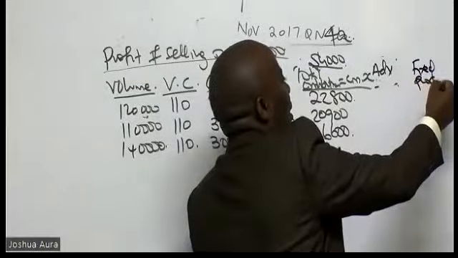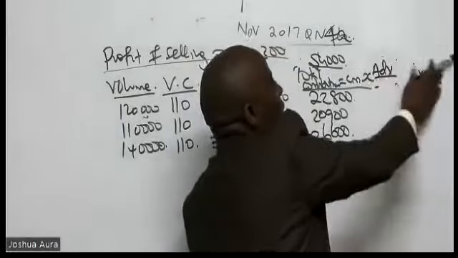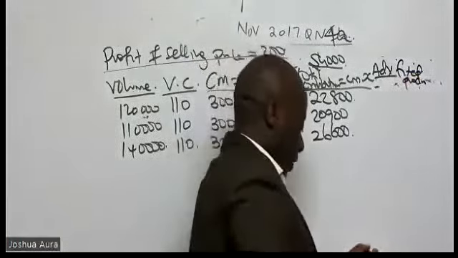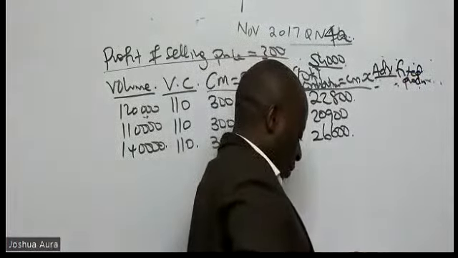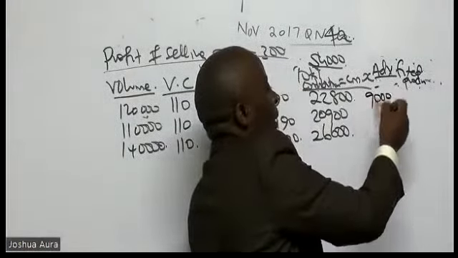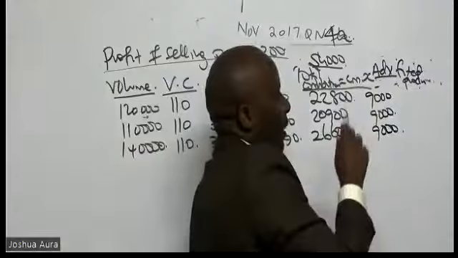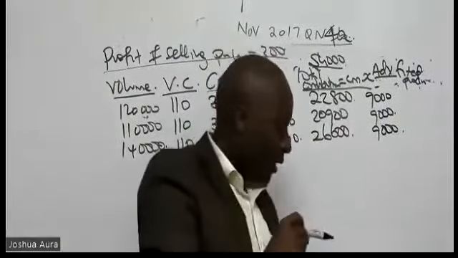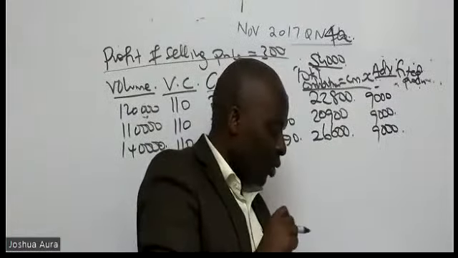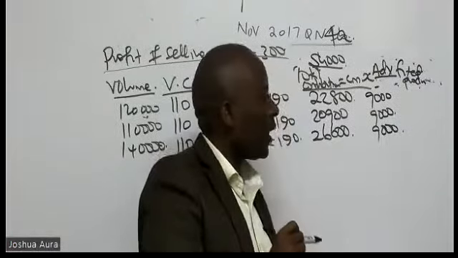The advertisement cost they have given us, for the price of 300, is going to be 9,000 throughout, doesn't matter the level of production. In note number 2, advertising cost would be 9 million, but I'm chopping the three zeros to be consistent, per annum at a selling price of 300. So it's 9,000.